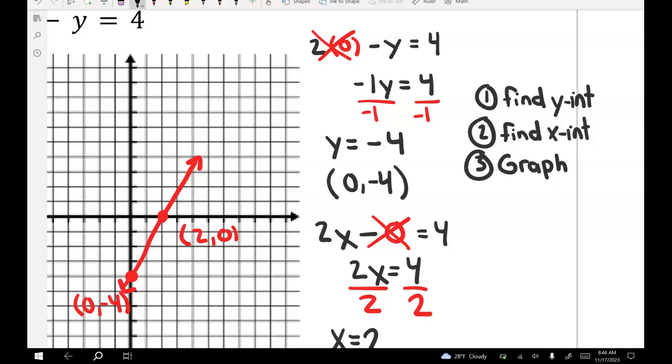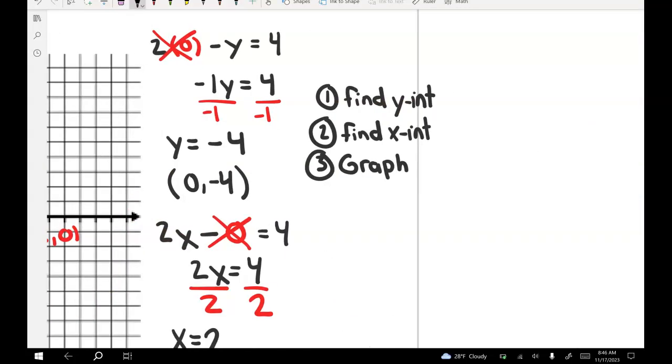You plug in zero for x. And to find your x-intercept, you plug in 0 for y. This is the other kind of opposite. To find your y-intercept, you plug in something for x. To find your x-intercept, you plug in something for y. On graphing, just connecting the dots.